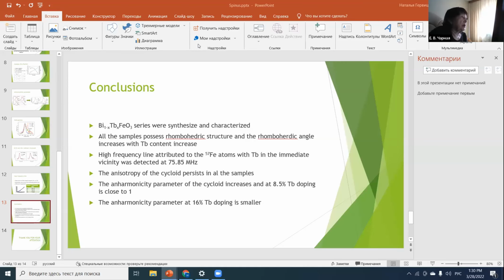Do you know if it is known about changes of phase transition temperatures in terbium doped samples? I don't know it. Maybe it's measured somewhere, but we work at liquid helium temperature, so you cannot see these results. Maybe in the literature there is some information about changes in phase transition. I haven't looked it up, but I definitely will. It's very interesting. Thank you.